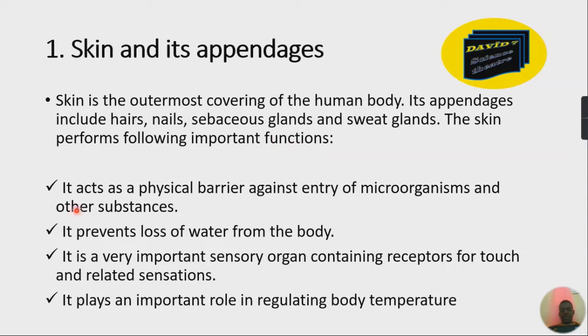Four of them are here. 1, it is a barrier against entry of microbes and other substances. 2, it prevents loss of water from the body. 3, it is a very important sensory organ containing receptors for touch and related sensations. 4, it plays an important role in regulating the temperature of the body, thermal homeostasis, okay?